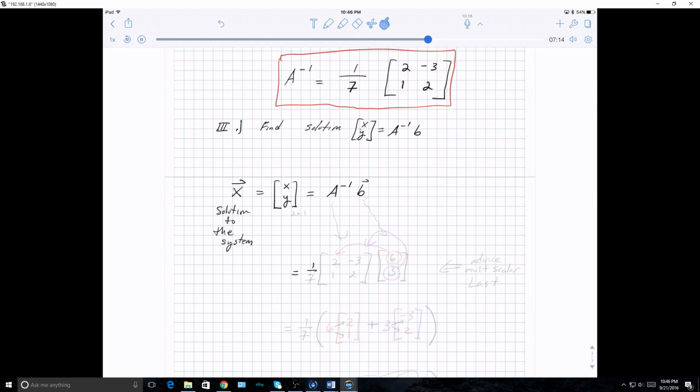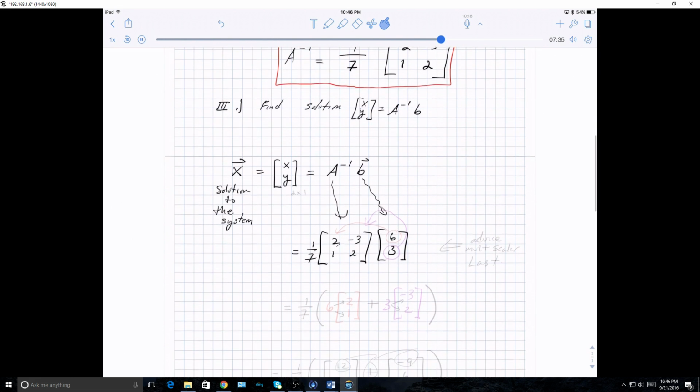So the inverse was 1/7 times the matrix 2, 1, -3, 2, times the constant vector, which I believe was 6, 3. So remember, we're just placing these guys that we did all the work for.